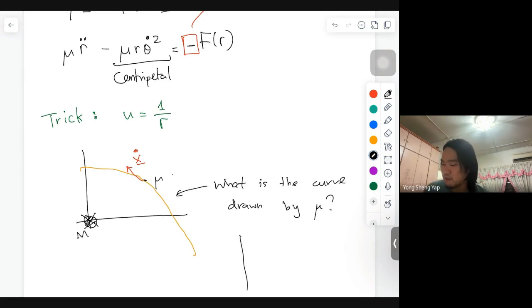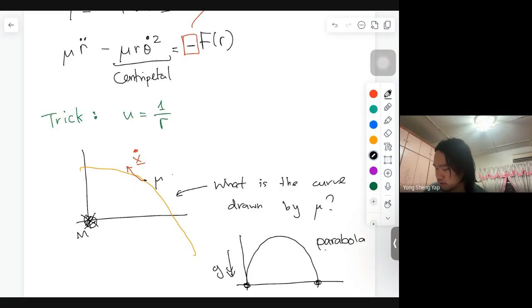This should be reminiscent of the second lecture, that if we just have uniform acceleration, the curve drawn out is always a parabola. We're trying to ask the same question here: if it's not a constant acceleration, what is the curve drawn by two bodies interacting?